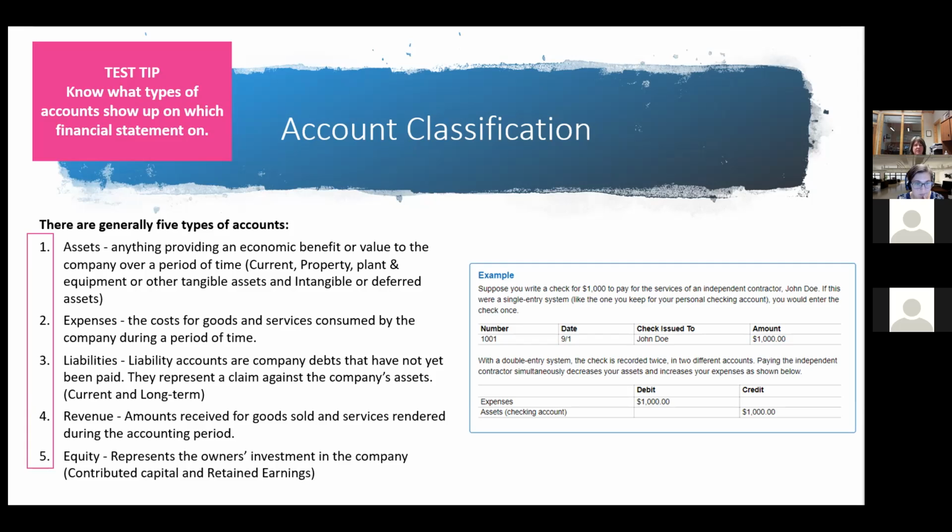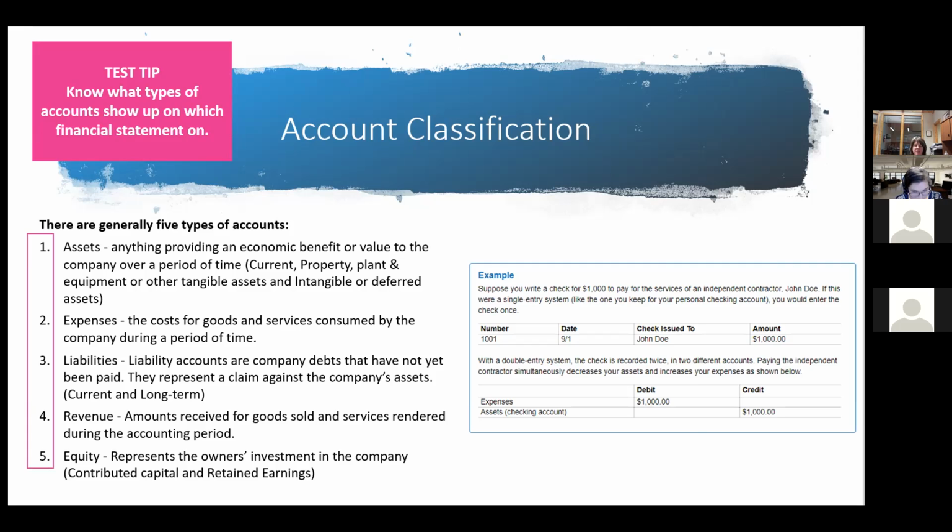Pop quiz. What financial statement do assets show up on? Balance sheet or income statement? Woo! Balance. Look at you guys go. Expenses show up on balance sheet or income statement? Woo, look at that.